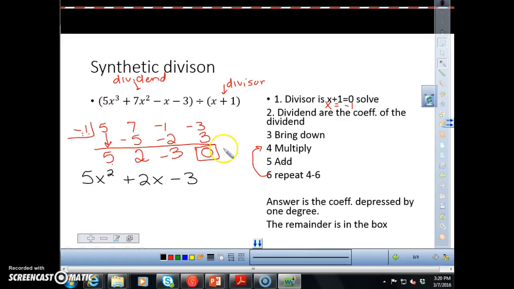Technically you could write 0 over x plus 1 if you wanted to. It's kind of like saying 145.8. Well, I can't write 0.8 right at the end. If it's 0, you can just ignore it.